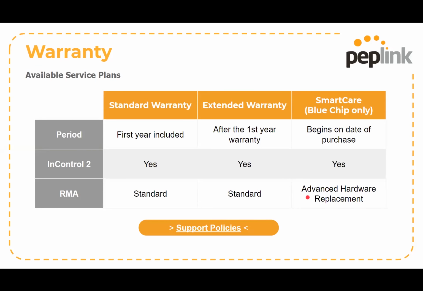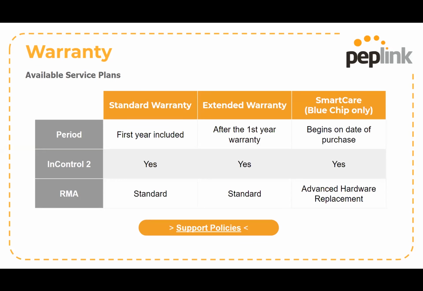The way I would deliver that service is that I would not sell Peplink on a per device basis. I would sell a bundled service under SmartCare, a SmartCare enabled device.